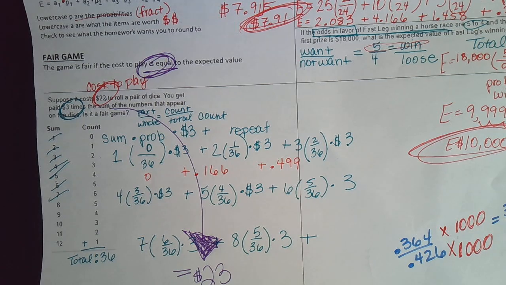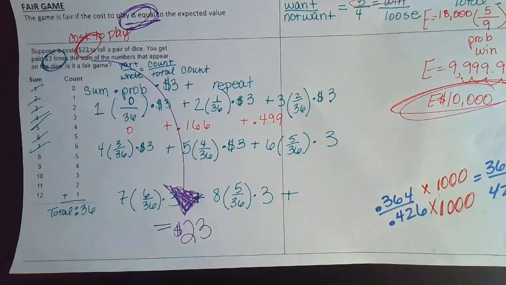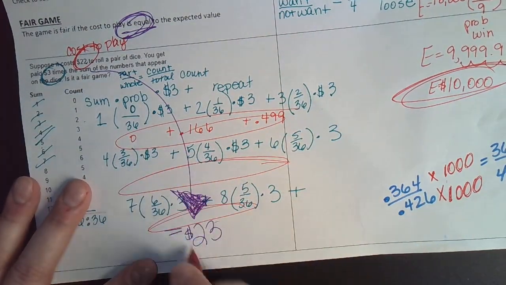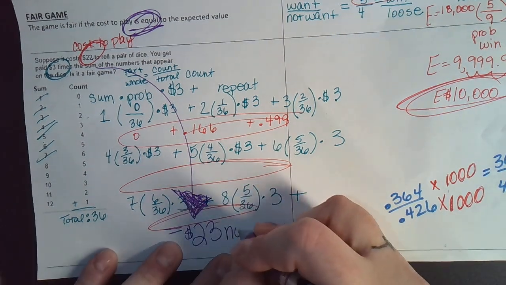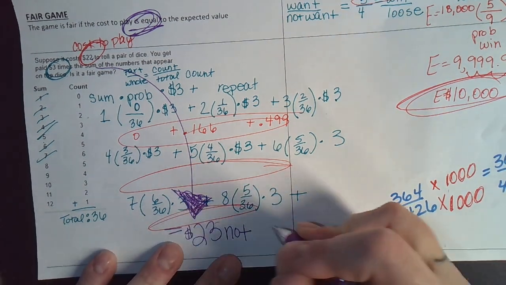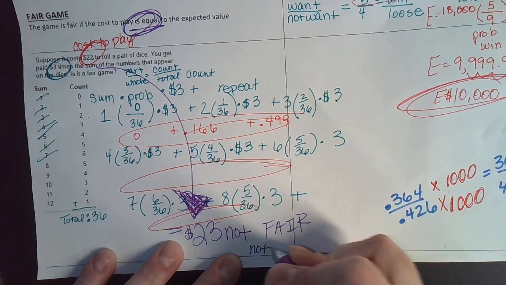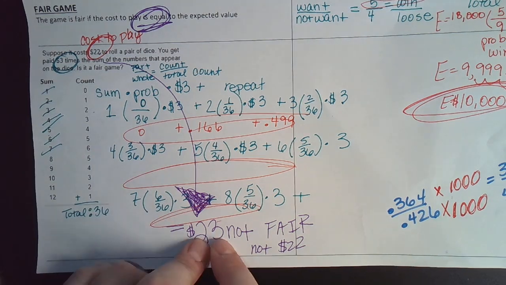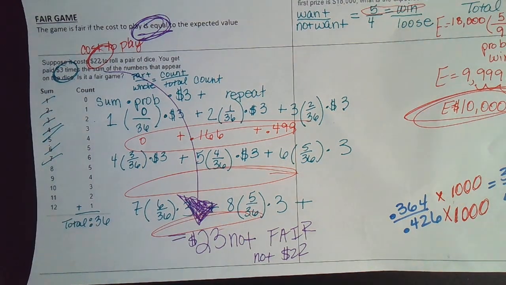So it's only a fair game if this cost to play, 22, is the same thing as all these decimals added together, giving you 23. Okay, so this is not fair because it's not that 22 I started out with. If it was that 22 I started out with, then I would say, yes, it's a fair game.